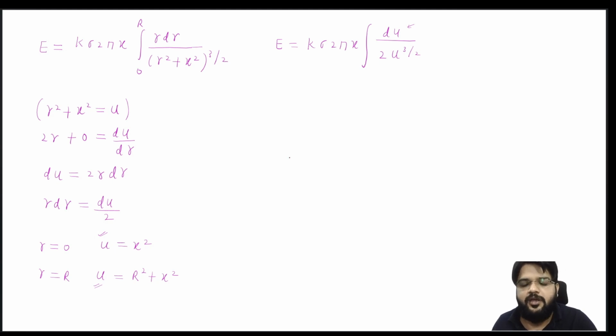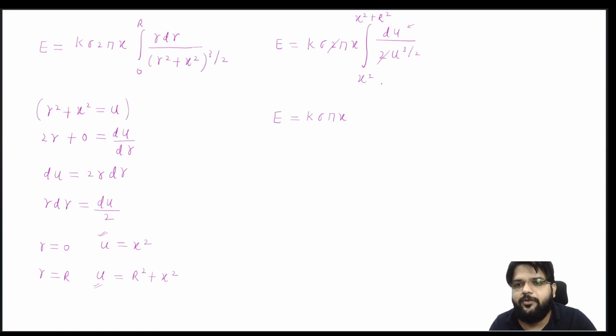So now we have lower as well as upper limit. So we will put this limit here, x square to x square plus r square. Now the next thing is, 2 will get cancelled out here. So E equal to k sigma pi x with integration here u power 3 by 2.